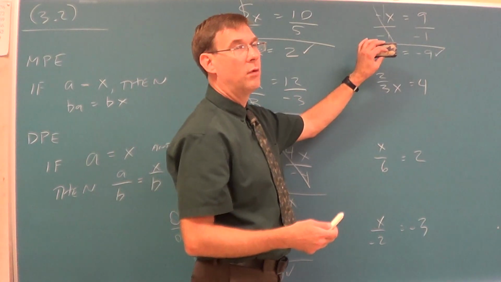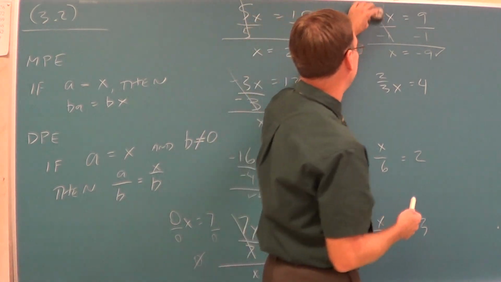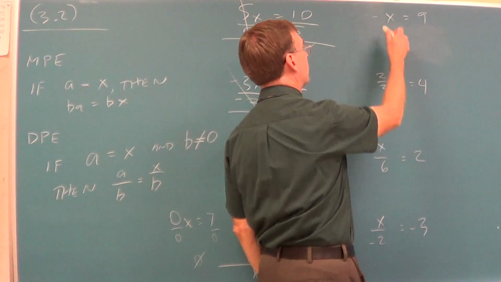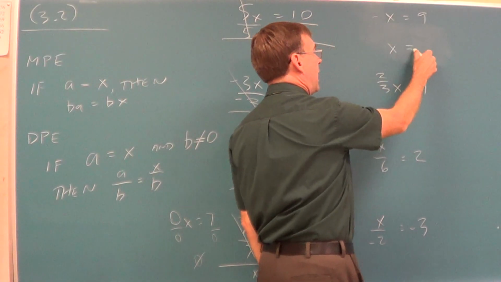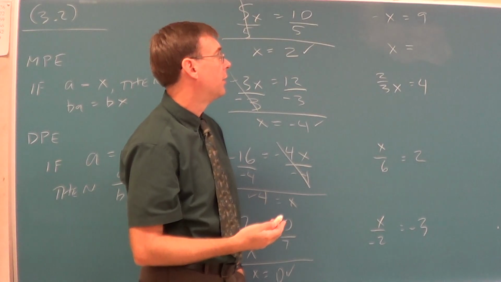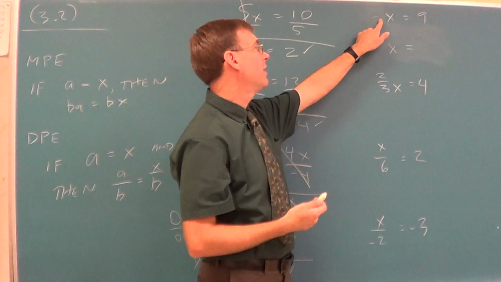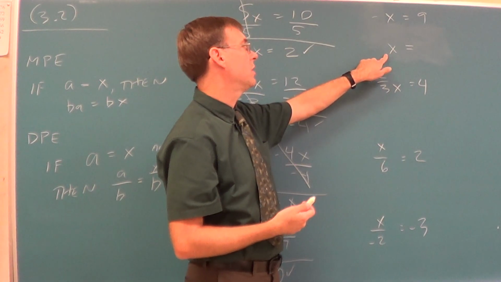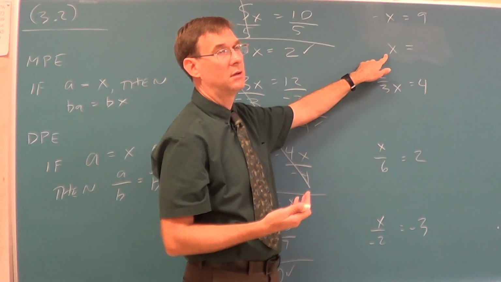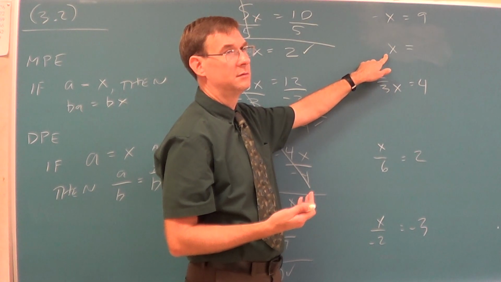Question about that before I go and rewind it another way? Here's another way to think about this one. You know you're done when the x is alone. If x is alone, you're good. There's maybe an easier way to think about this. If you have a negative x and you'd rather have a positive x, you just need to switch the sign.